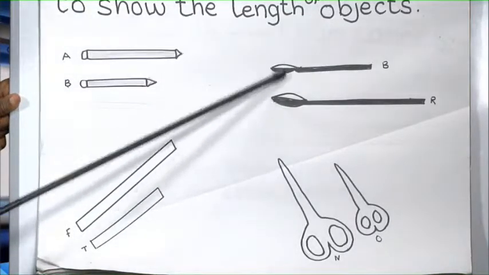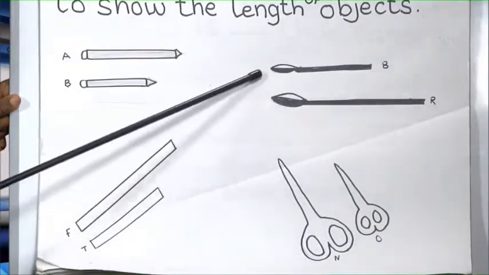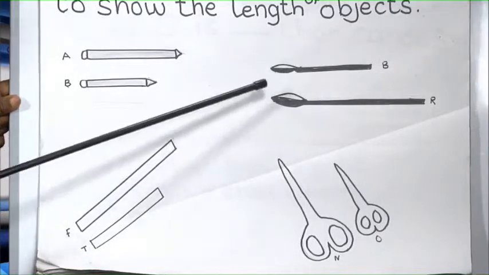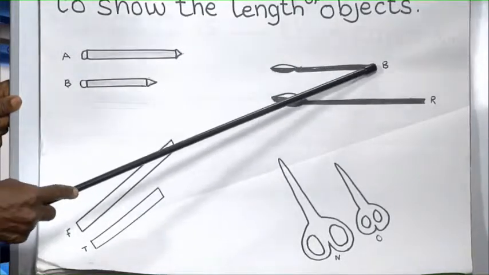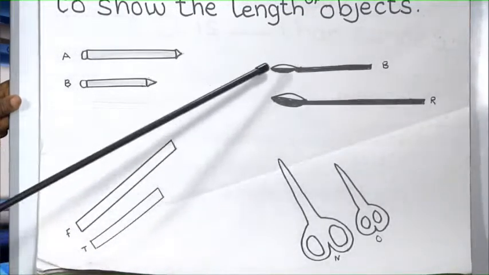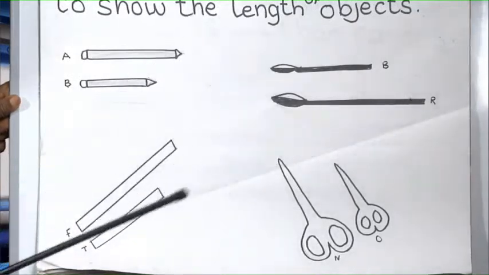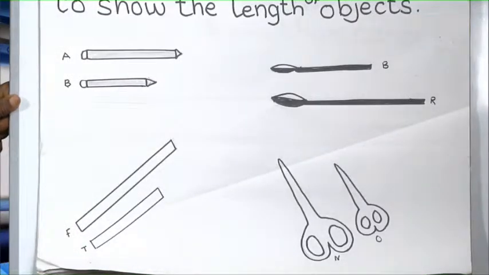Now let's go to the spoons. We have spoon B and spoon R. Describe them for me.